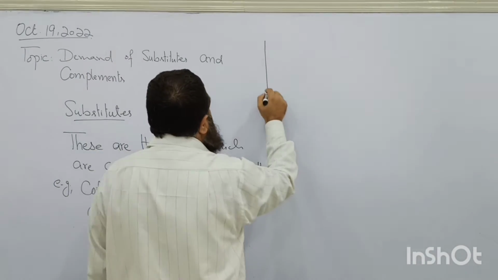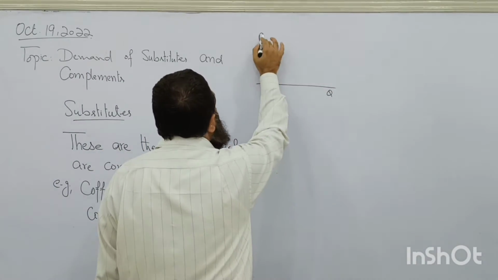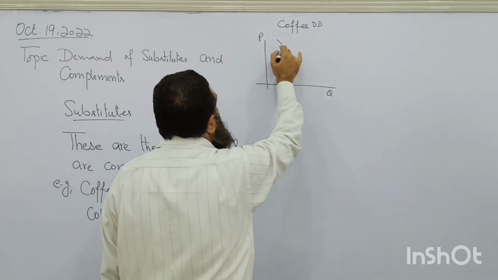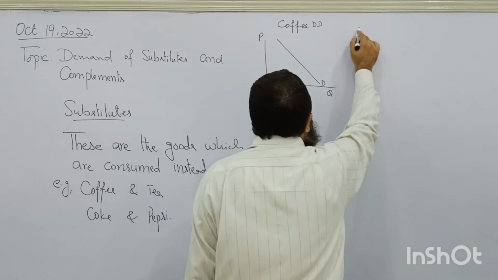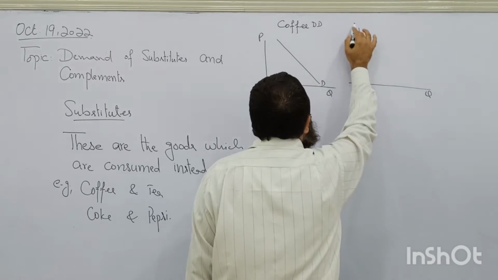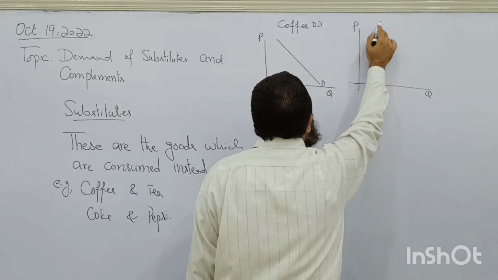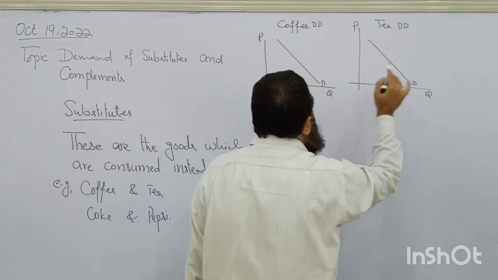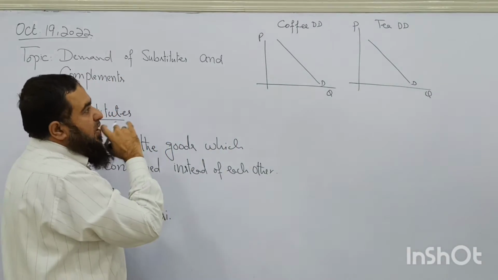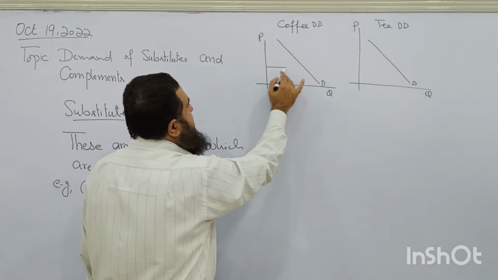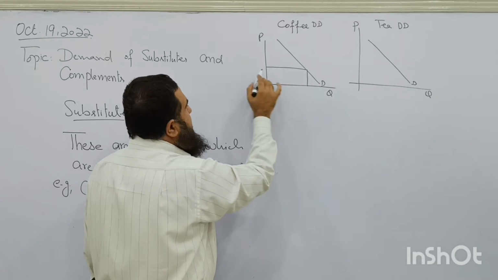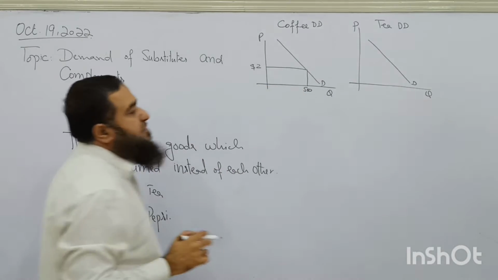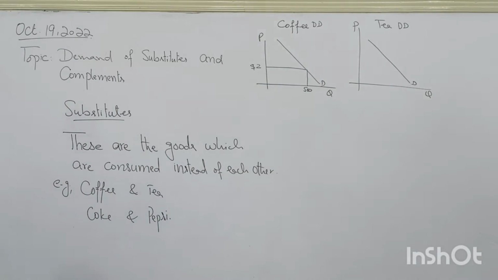So I am taking the example of coffee and tea. This is the coffee demand, and this is the demand of tea. Okay, when price of coffee increases, at this price of, you can say, $2, there are 500 units of coffee demanded by the consumers in a market.